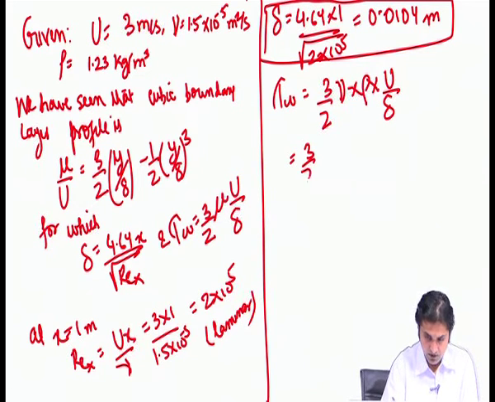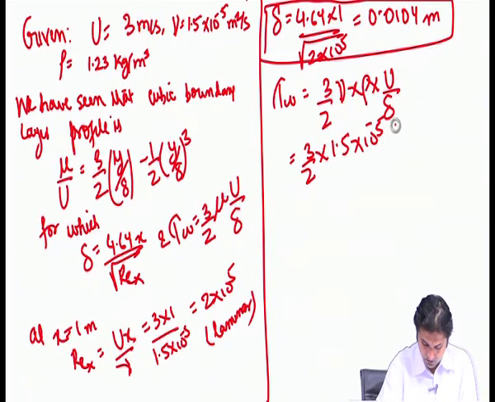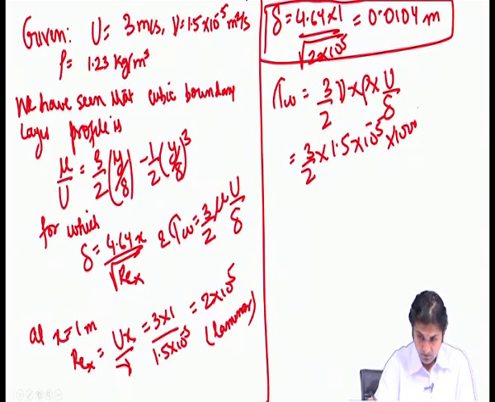So this is going to be 3 by 2 into 1.5 into 10 to the power minus 5 into 1000 into 1.23 into 3 divided by 0.0104.